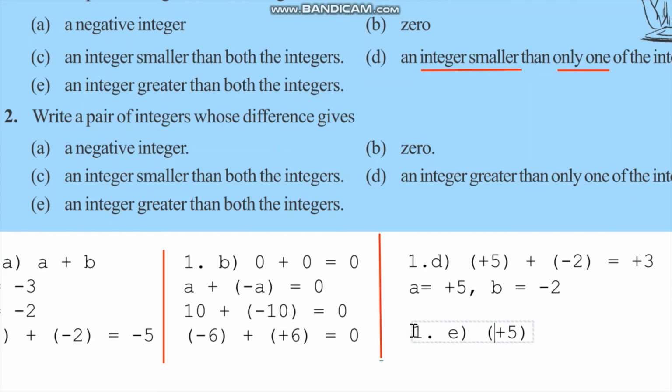For my example, I'll just take what I explained in the previous example, that is plus 5 and plus 2, and the result is going to be plus 7. So here we have A is equal to plus 5 and B is equal to plus 2.